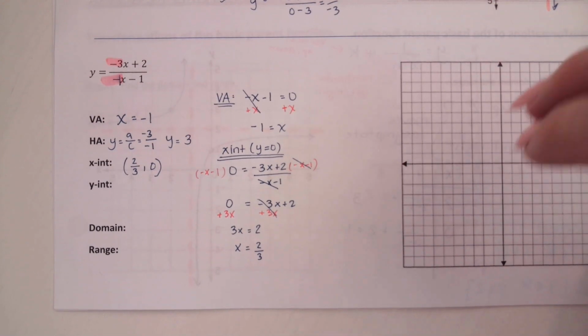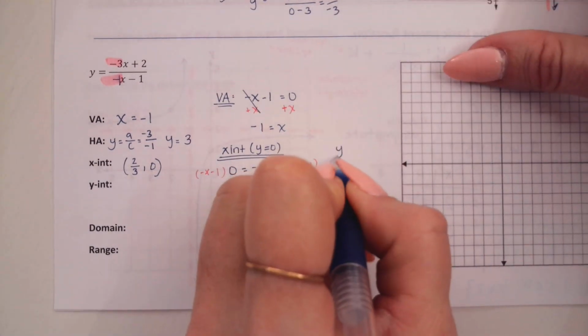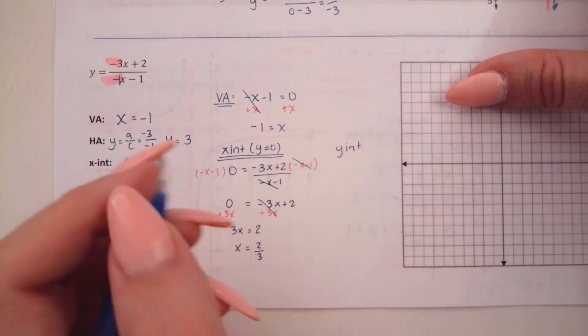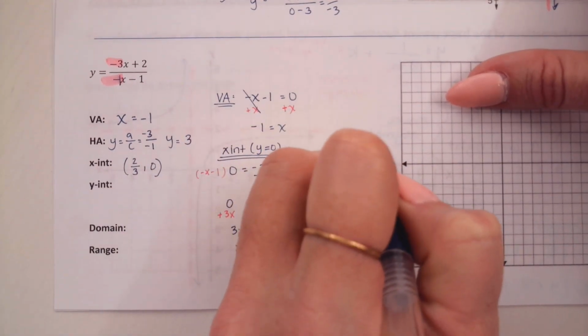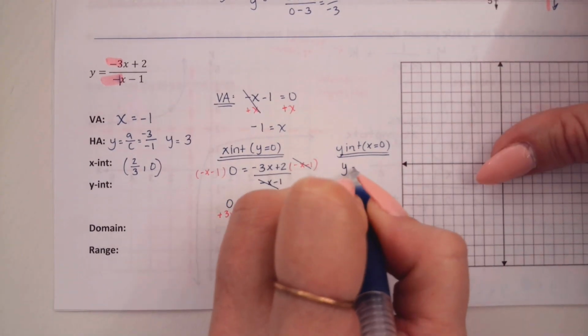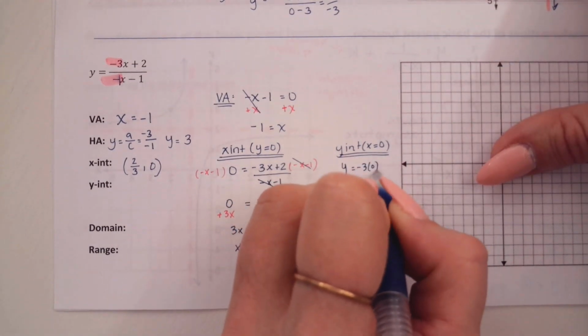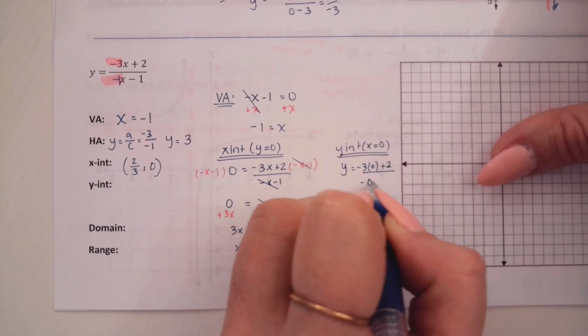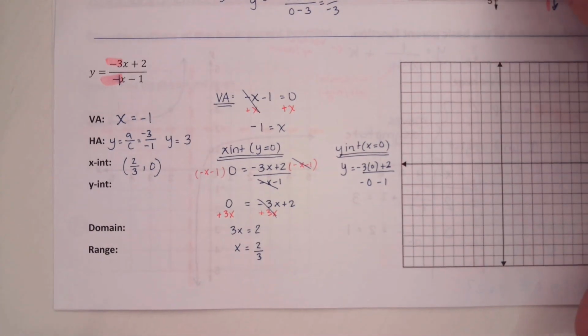Y-intercept. How do you find the y-intercept of any function? Very good. And this is the one we get to plug in 0 for x. So we'll get y equals negative 3 times 0 plus 2 over negative 0 minus 1.